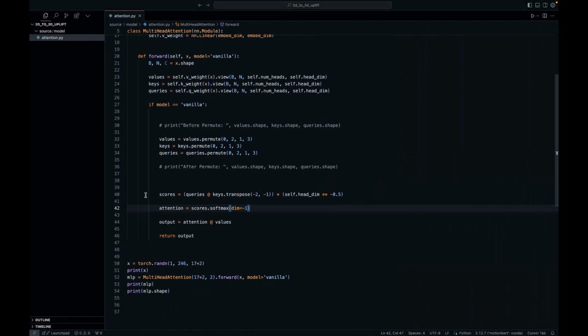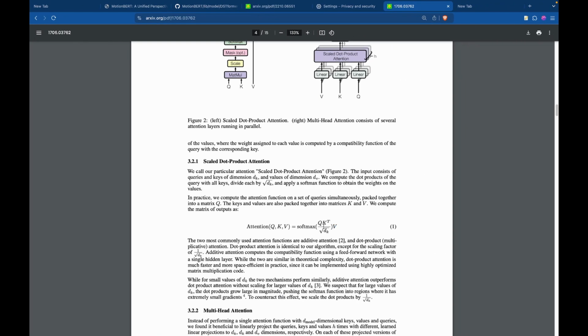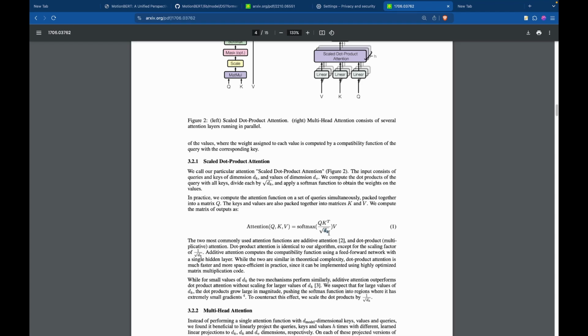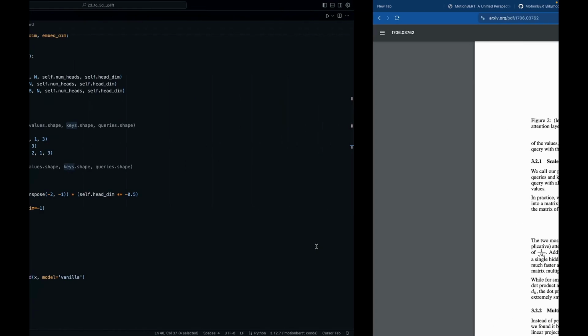But for the scores, we are combining queries and keys. Here as well, we have the query and keys transpose, and then we are dividing it with the dimension. So not the normalization, it is scaling actually. So that is the scaled dot product.